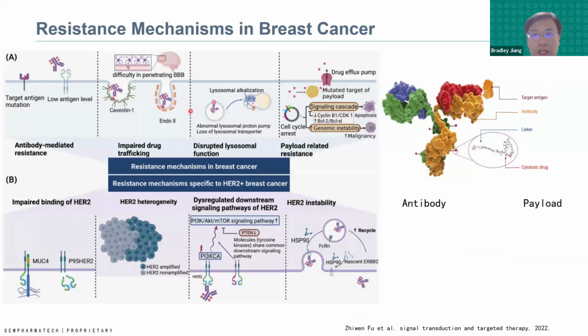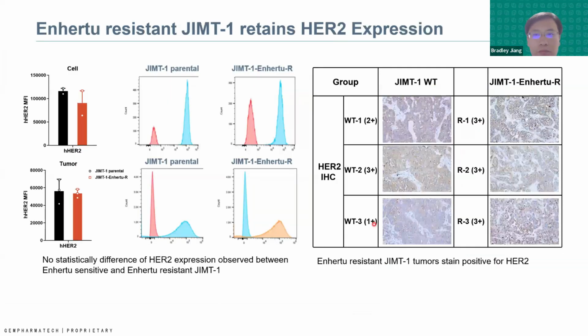The resistance mechanism of Enhertu mainly consists of 4 parts: antibody-mediated resistance, impaired drug trafficking, disrupted lysosome function, and payload-related resistance. Especially for HER2-positive breast cancer, the mechanism can be summarized as antibody-related and payload-related, and we explored the specific resistance mechanism of this model.